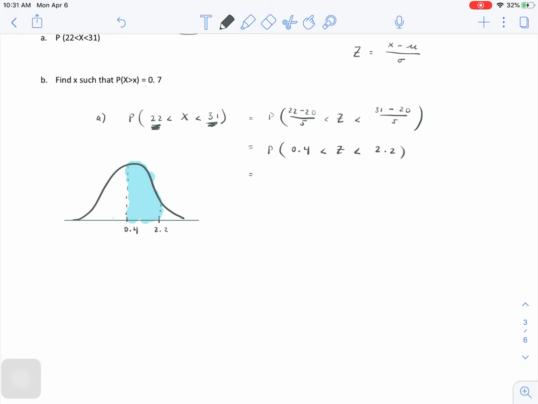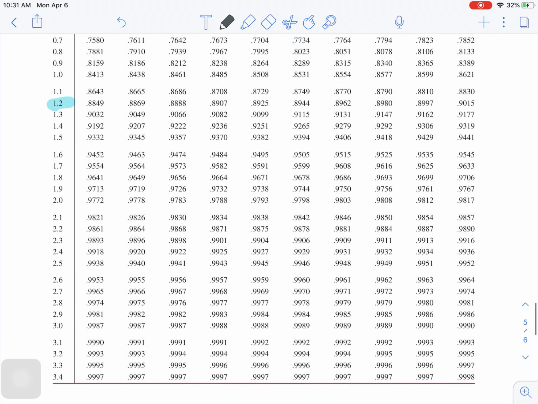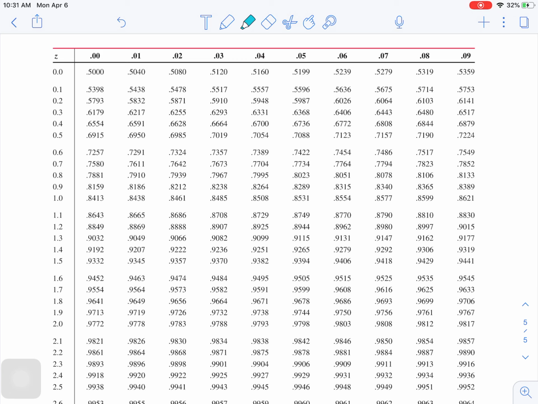Now that I've converted these to z-scores, I can use my z-table. The z-table will give me the area all the way to the left of 2.2. I just want the shaded area, so I'll subtract out the area I don't want, which is the area to the left of 0.4. So this is equal to the area to the left of 2.2 minus the area to the left of 0.4. I can find these areas from my z-table. For 2.20, I'm going to go here.